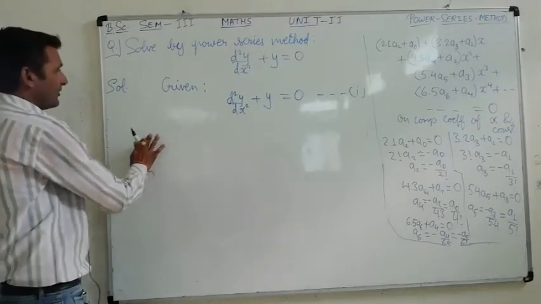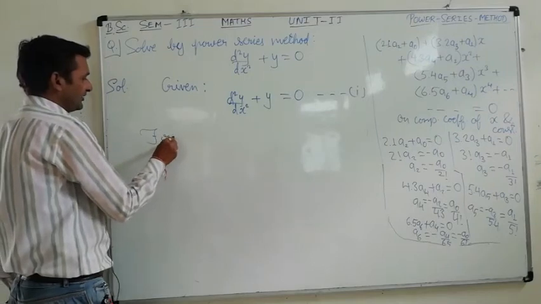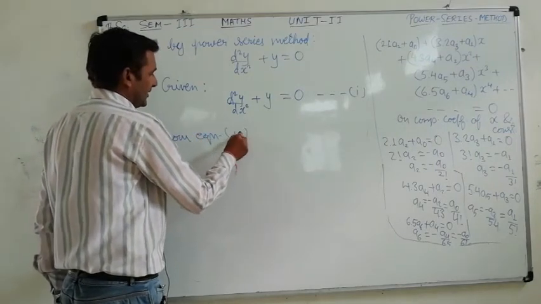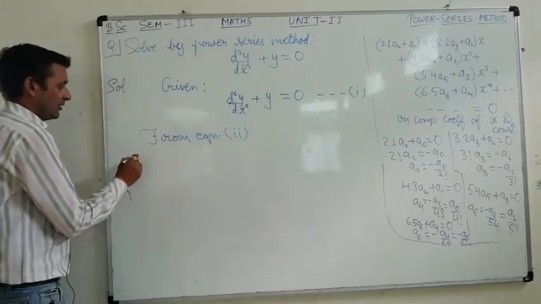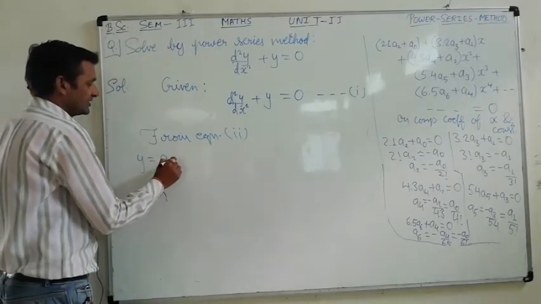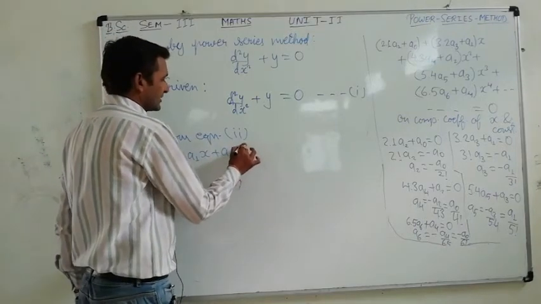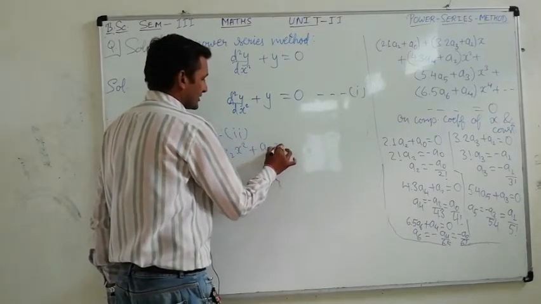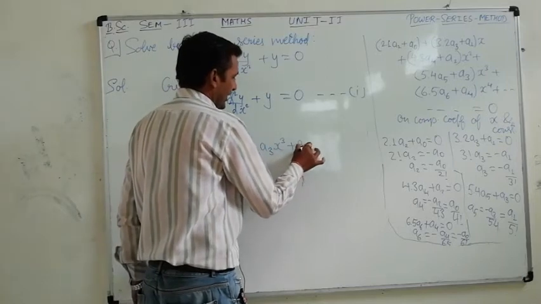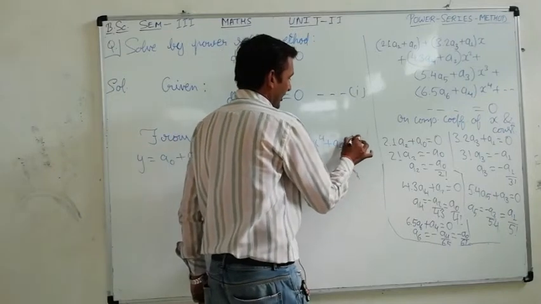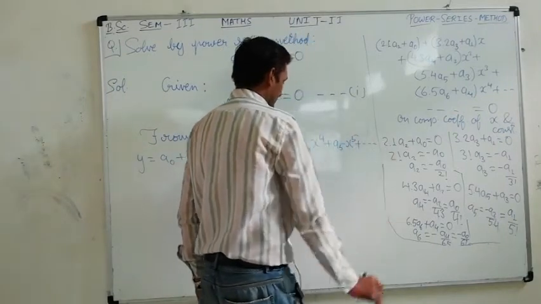From equation second, we may write y is equal to a0 plus a1x plus a2x square plus a3x cube plus a4x raised to the power 4 plus a5x raised to the power 5 plus, and so on.